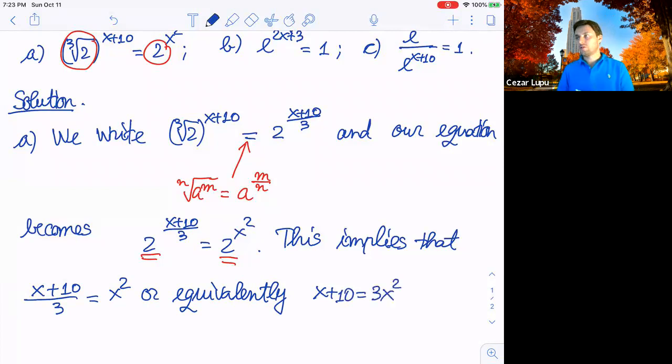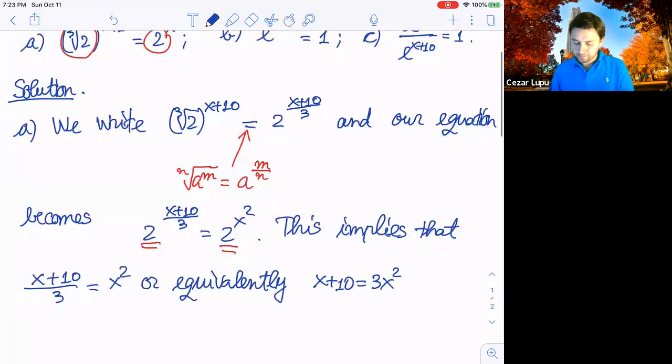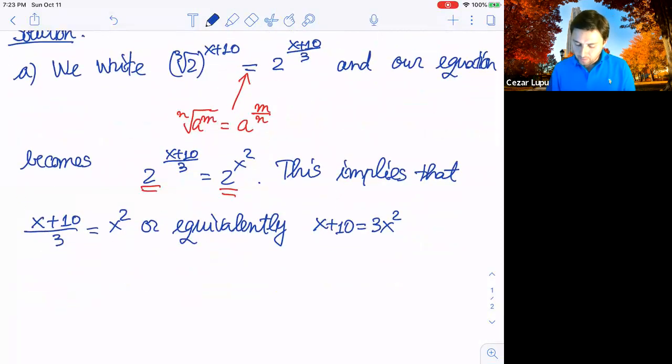And now this is just a quadratic equation: 3x squared minus x minus 10 equals 0. We need to solve this.